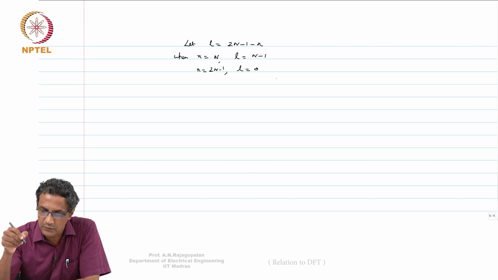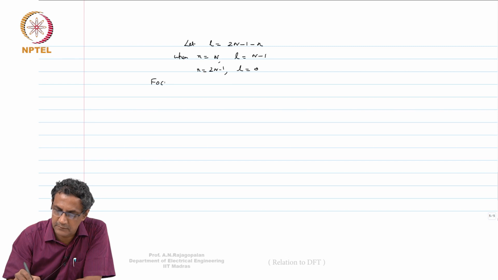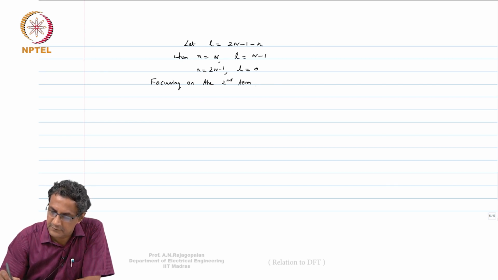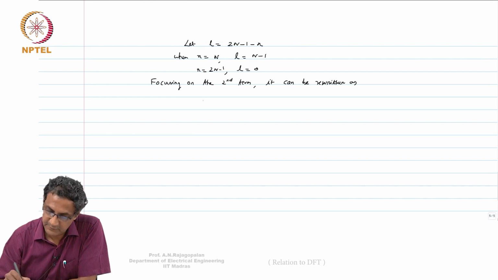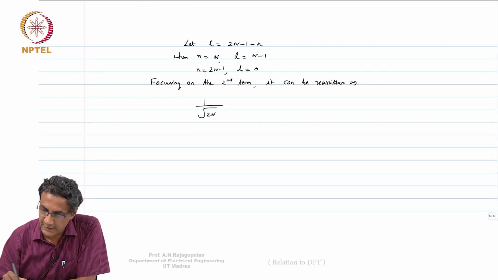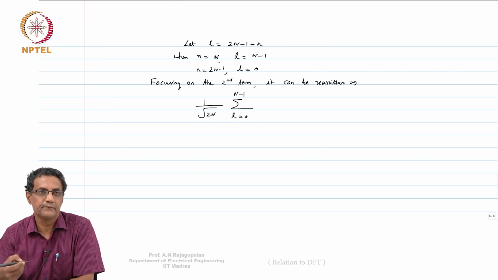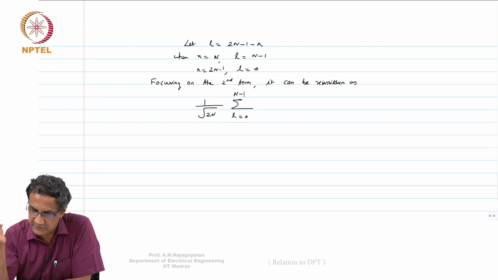So focusing on the second term, it can be rewritten as 1 by root 2n summation L equals 0 to n minus 1. I can write it as going from 0 to n minus 1, because those are the only terms involved.